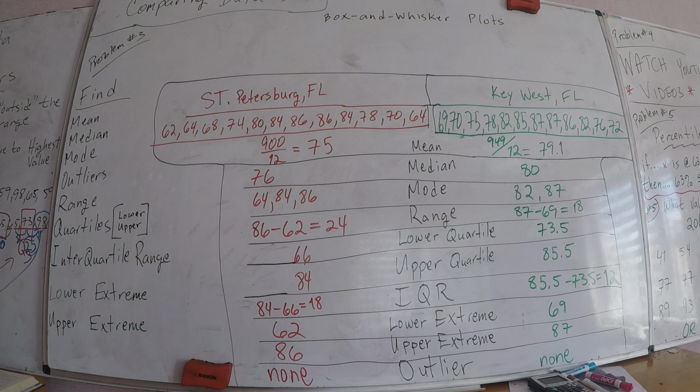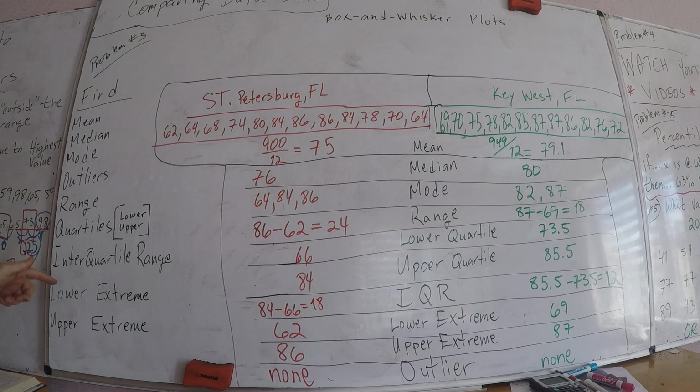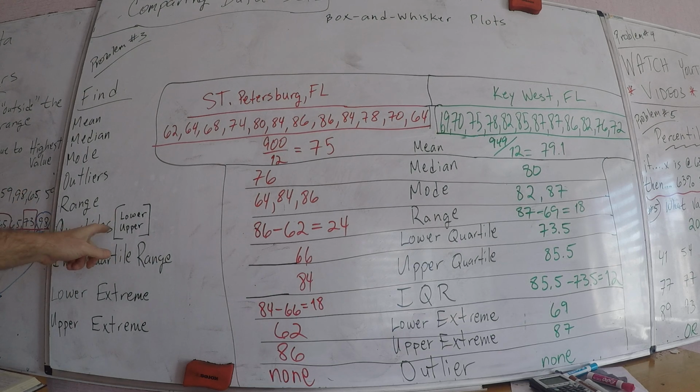All of these things we've talked about, the mean, the median, the mode, the outlier, the range, the lower extreme, which is your smallest value, the upper extreme, your highest value. And then I just introduced you to the quartiles, the lower median or lower quartile, and the upper median, the upper quartile. Quartiles are like medians as well. So all of these things are measures of tendency, how our data tends to show.